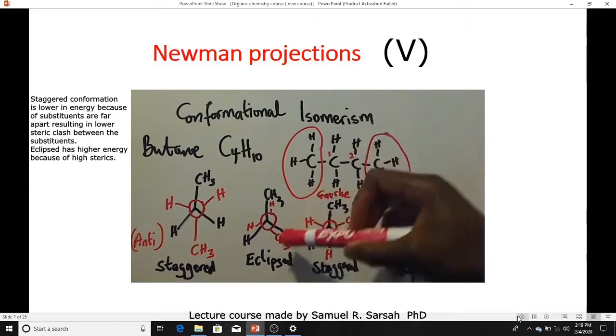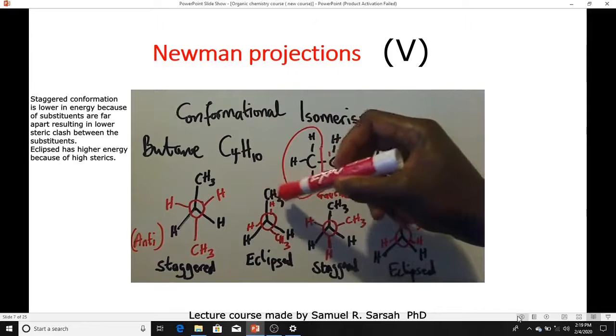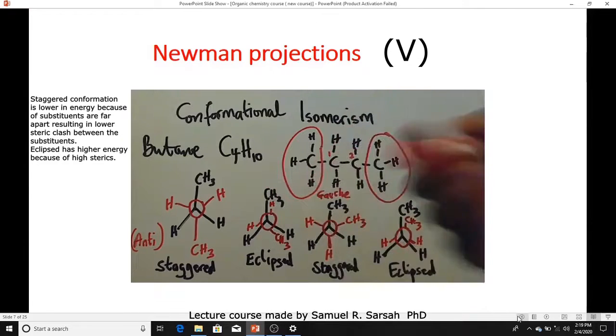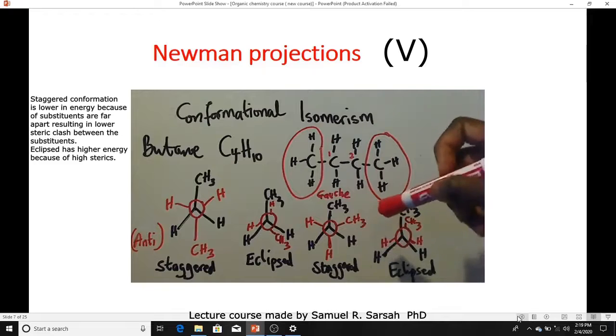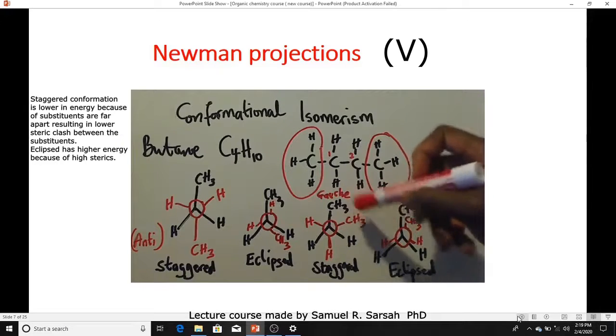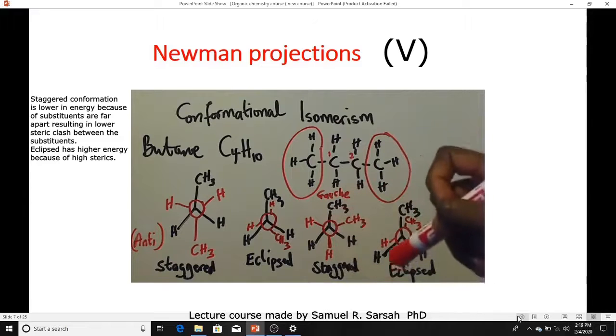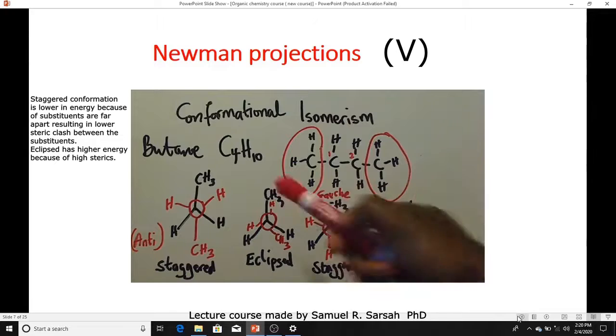Because over here hydrogen is eclipsing the methyl groups, so there are still steric interactions, but not as high as this one. Okay. Over here, the methyl group is 60 degrees apart from the other, so this is lower in energy compared to this and this.